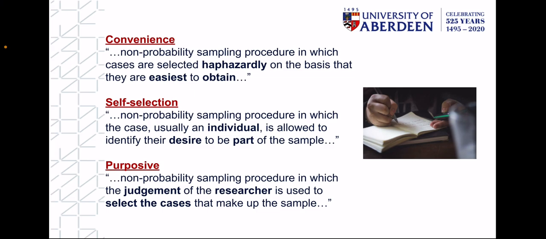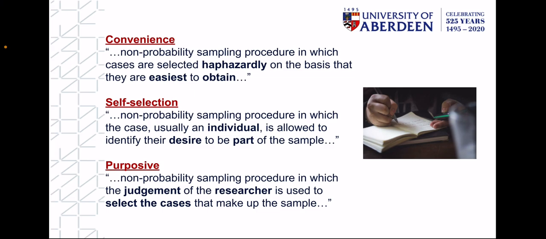Here you, as a researcher, use your judgment to select cases that will best enable you to answer the research questions and help you achieve your research objectives. This form of sampling is used when working with a very small sample, and when you wish to select cases that are rich in information or highly informative.